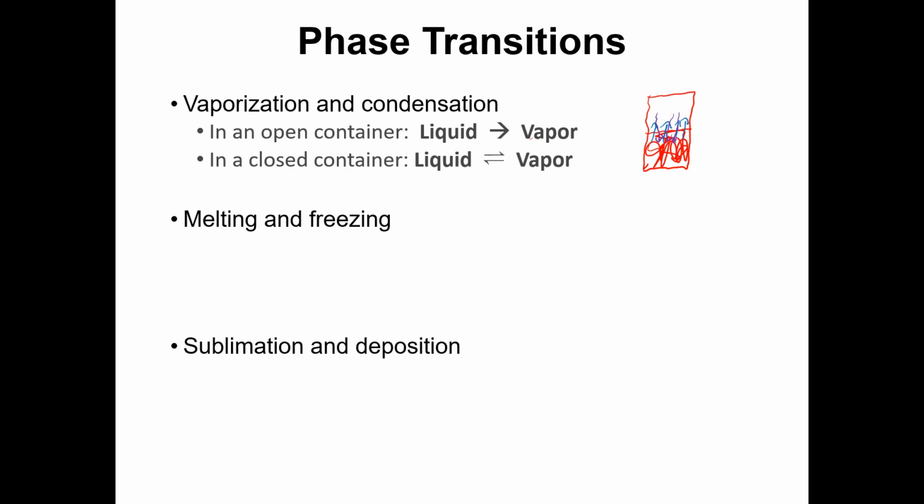We get this back and forth going on, where some of the liquid particles get enough energy to escape and become gas particles, and then some of the gas particles end up condensing back down into liquid to lower the vapor pressure.